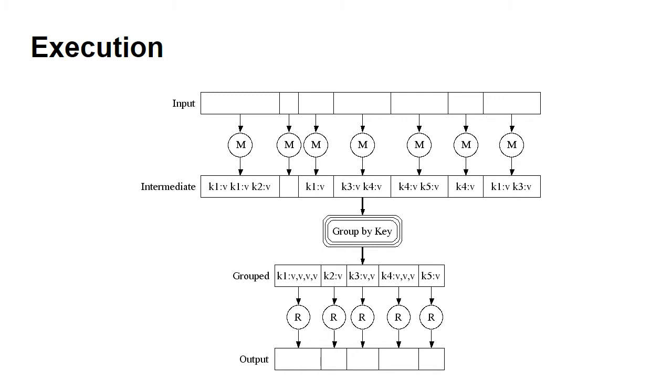And the map function acts locally on each block of data, and it produces intermediate results, which are key value pairs, which are then grouped together and run through the reduce programs to generate the final output. Okay, so that is the simple schematic behind how a MapReduce program works.